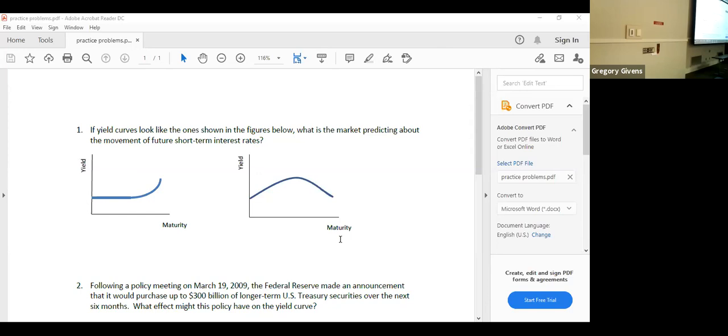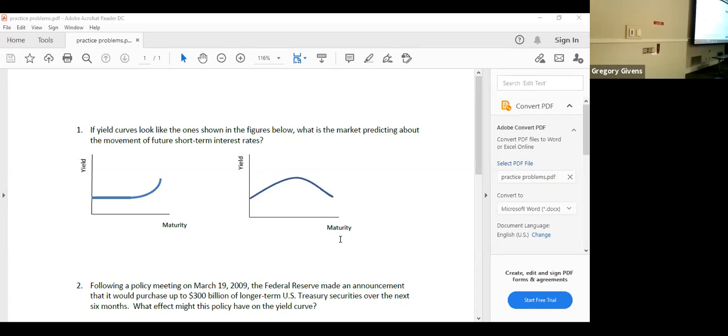But what about this inverted portion way out here at longer maturity? What does that suggest? That suggests that investors think that short-term rates many years from now are going to be significantly lower, right? Now, this is a very odd-shaped yield curve. We normally don't see something like this.